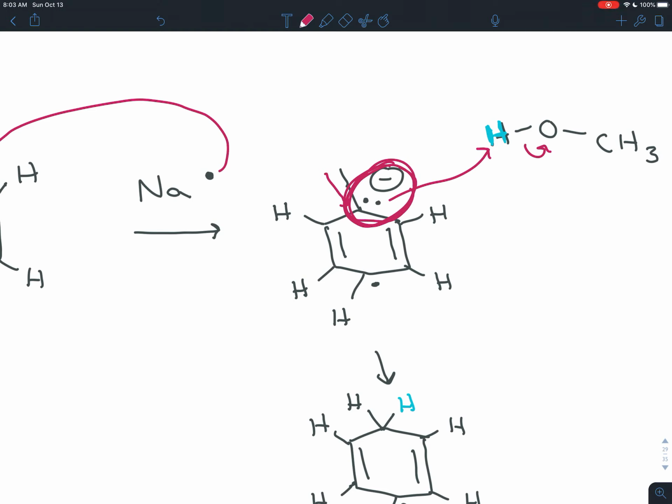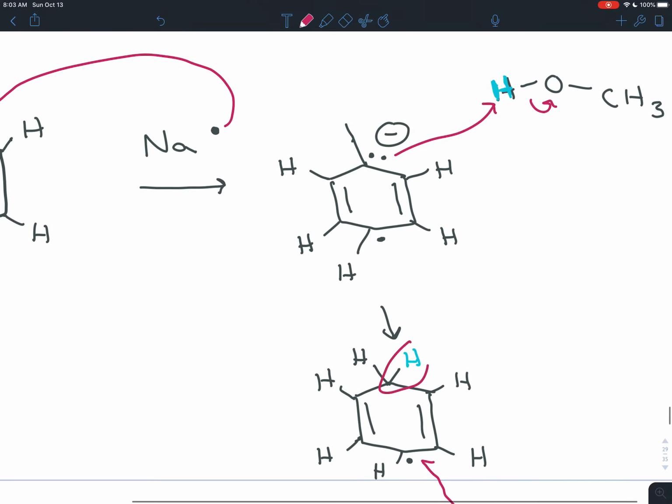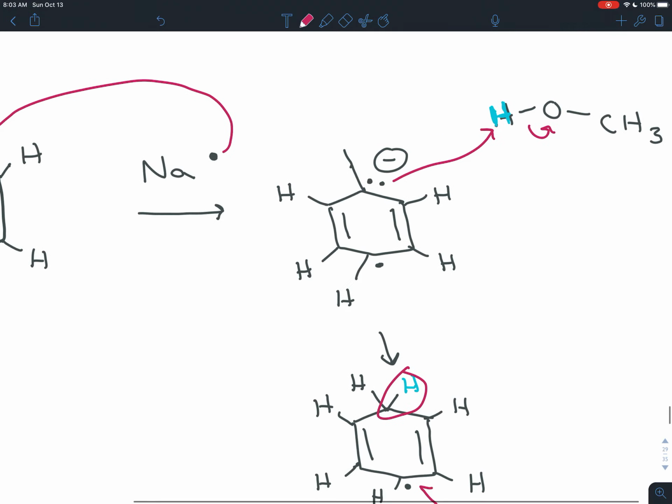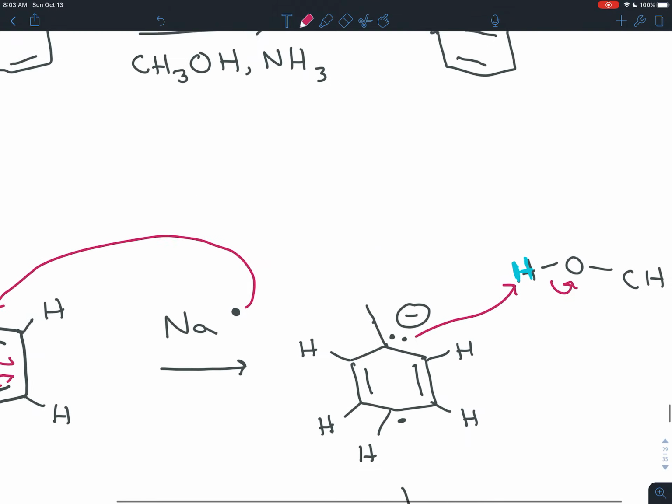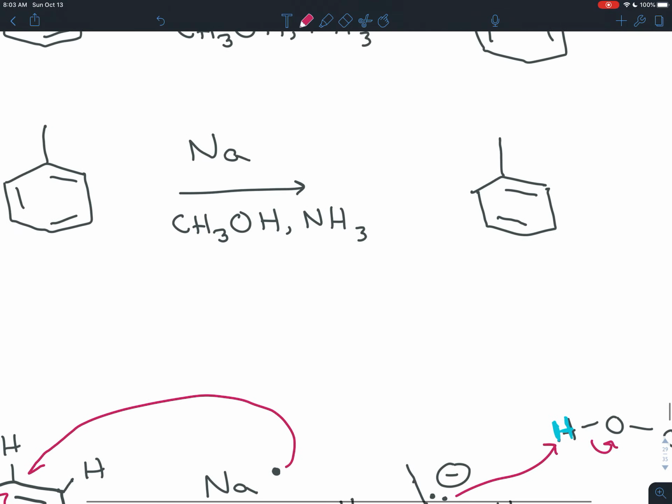That will discourage this lone pair from ever forming on the carbon that has the alkyl group on it. And notice that lone pair turns into a hydrogen, and so you never get the hydrogen added on the carbon that has that electron donating alkyl group. The hydrogen gets added next door.